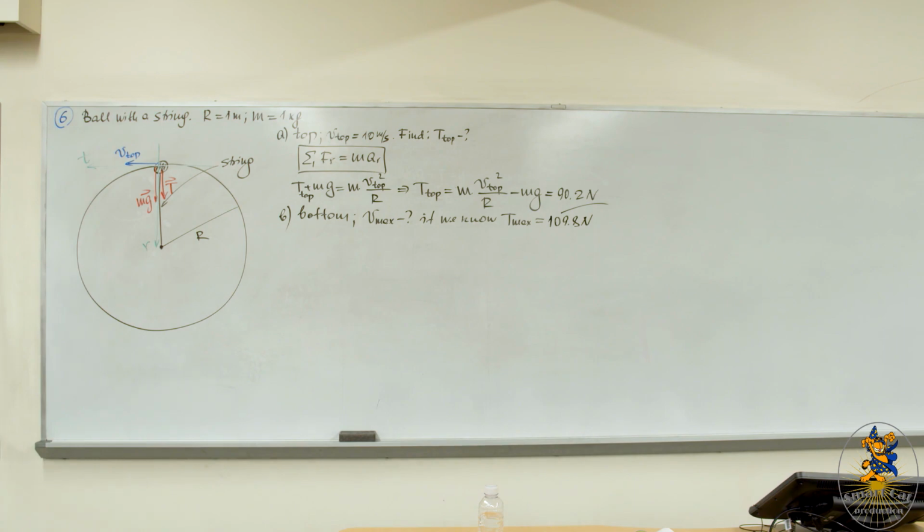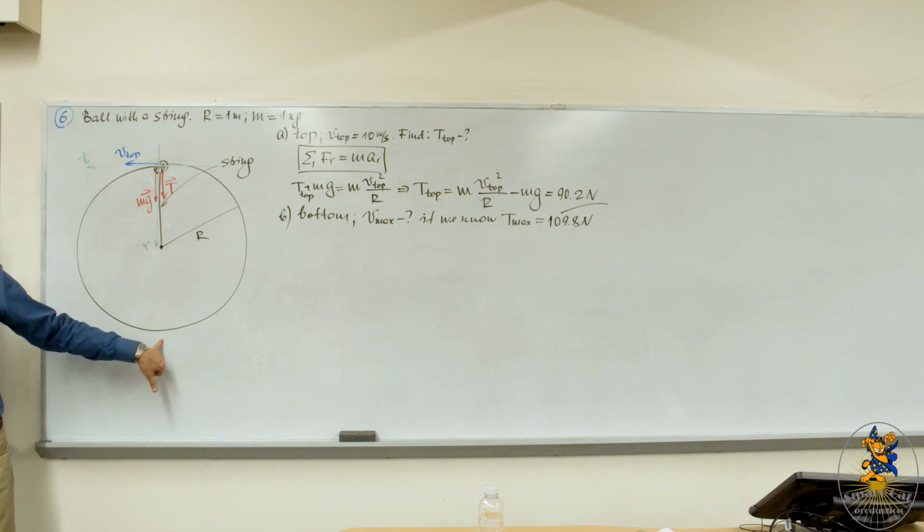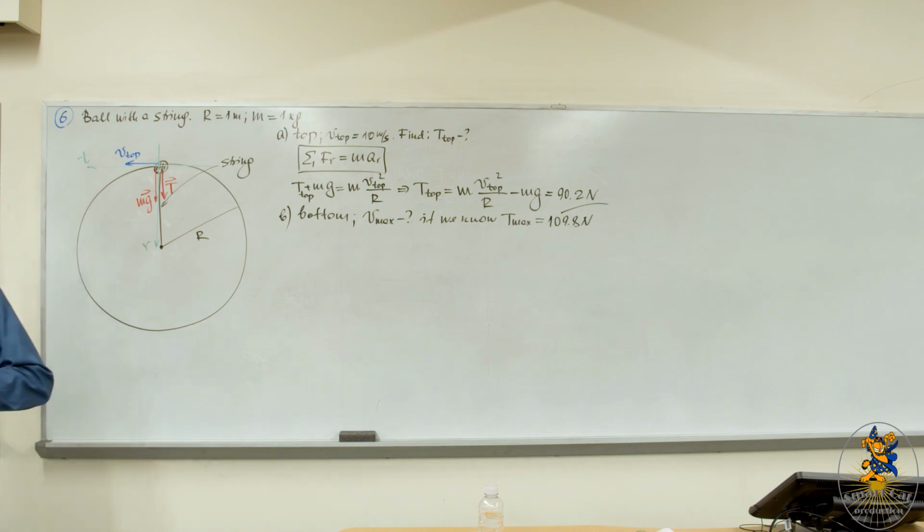This is the maximum tension which it can stand. And why was the bottom point picked? Because over there the tension usually is the largest. If you recall the problem which we solved in the recitation class, the tension is the smallest when the ball is at the top, and maximum when the ball is at the bottom.